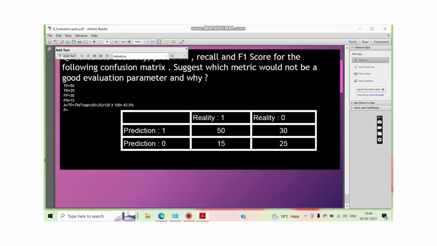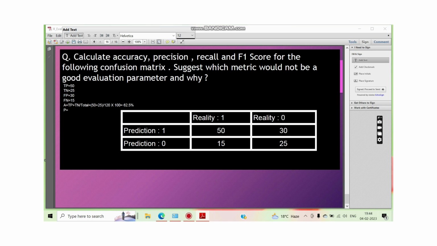Now let's move ahead to the next parameter, that is precision. So what does precision say? Precision says the value of true positive divided by the value of true positive plus false positive. Yes. So let's apply all the values here.